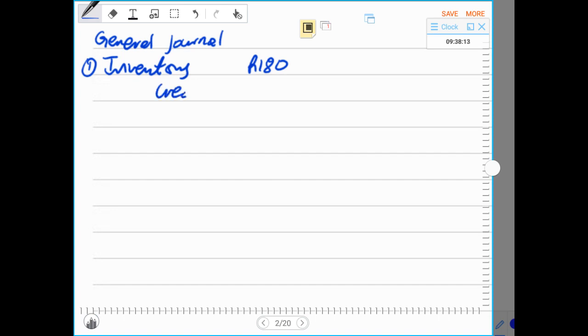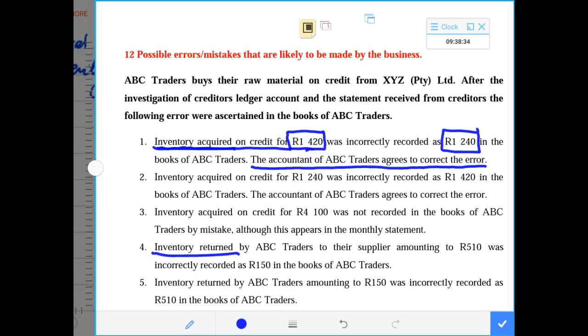Then we increase our creditor, which was also underestimated, and our creditor is XYZ Pty Ltd, by the same amount of 180. This will be the first entry, which is entry number 1. Entry number 1 says that we have to correct it like that.